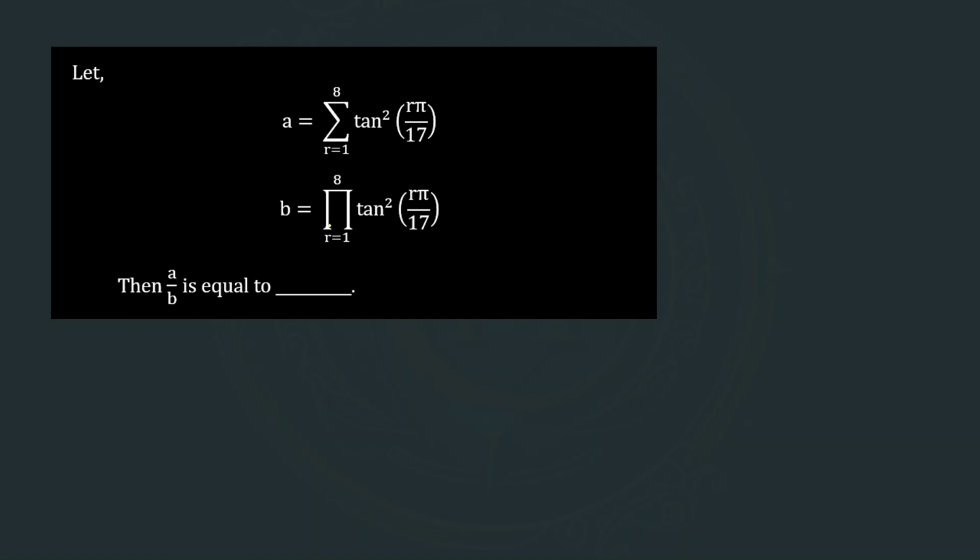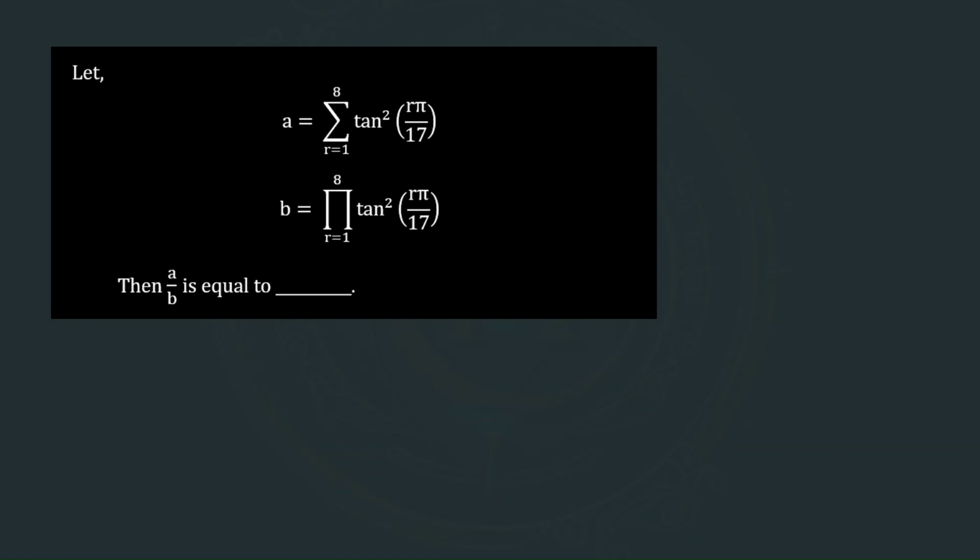That means if we somehow relate these 8 terms to the 8 roots of an 8-degree polynomial, we can find the sum of the roots of the polynomial by using theory of equations, and then also we can find the product of all those roots. Then we can determine easily the value of A and B.